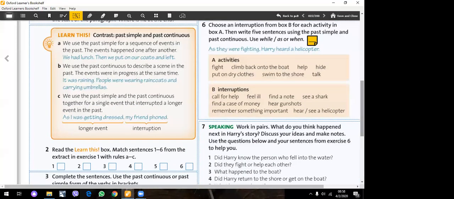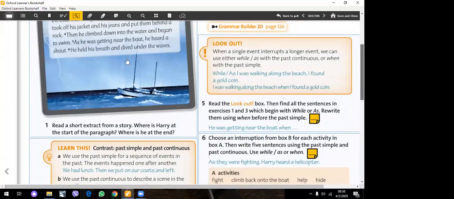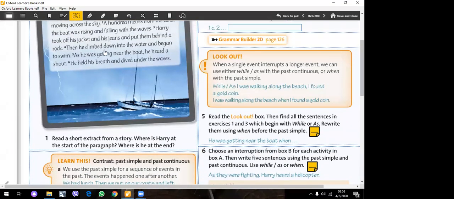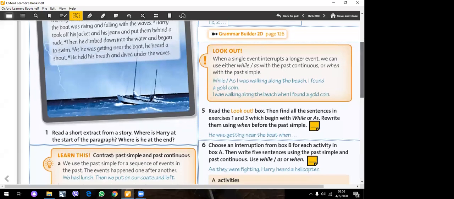Evelyn, please give me your answer. 4B. B, you said. Let's see. Okay. Then he climbed down into the water. If you say it's B, we have to use the ing form, right?